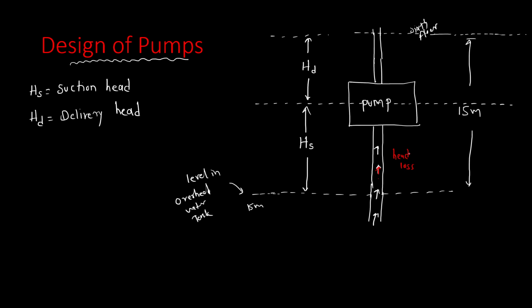There are two types of losses, major loss and minor loss. The major loss is about 80 to 90%, and this major loss is due to friction. So whatever head loss there is due to friction, we take it as HF, that is, frictional loss.